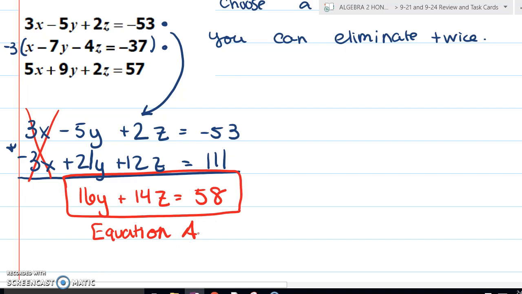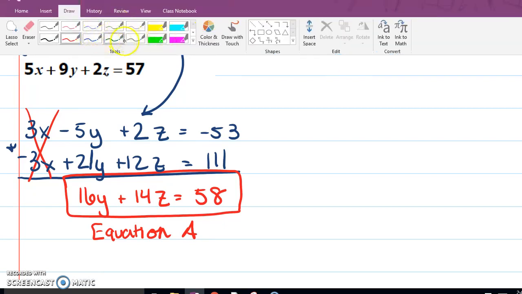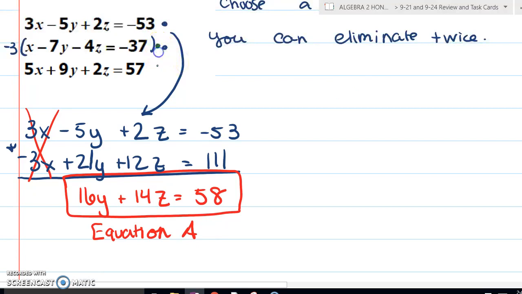Okay, so now we're going to do the same process with a different set of equations. Again, whichever ones you want to choose. There's a lot of choice in these type of problems, so you can pick which one you want to use. So we did the first one and the second one. Now maybe we'll do the second one and the third one. So we'll choose the second one and the third one by multiplying by -5 here.